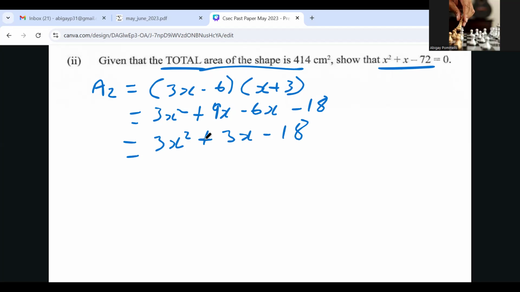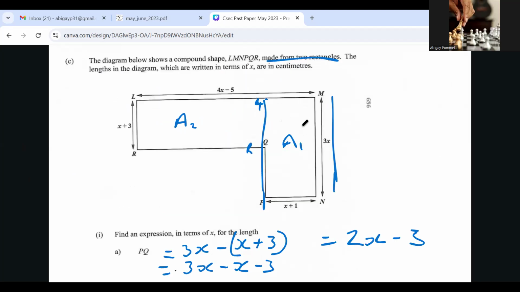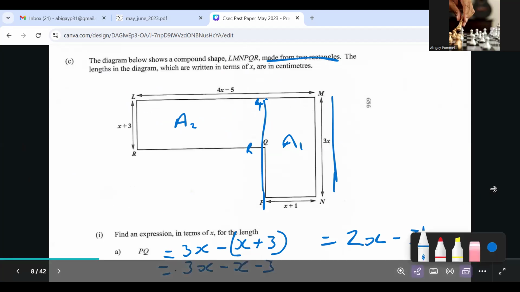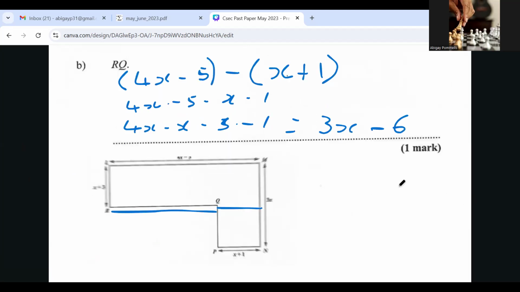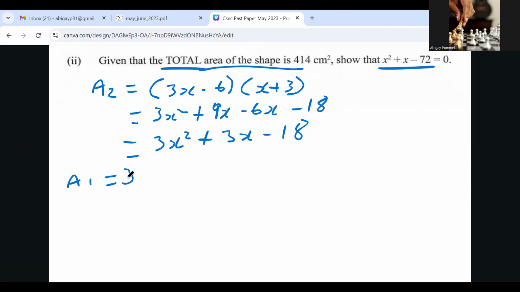So we're going to move on to area 1. Let me see if I can remember. Area 1 was 3x times x plus 1.